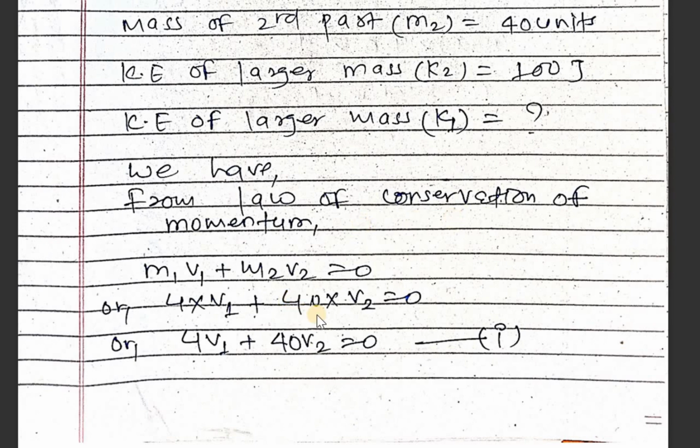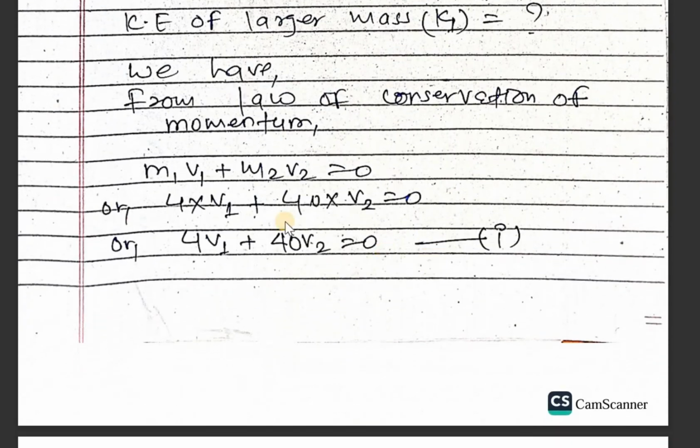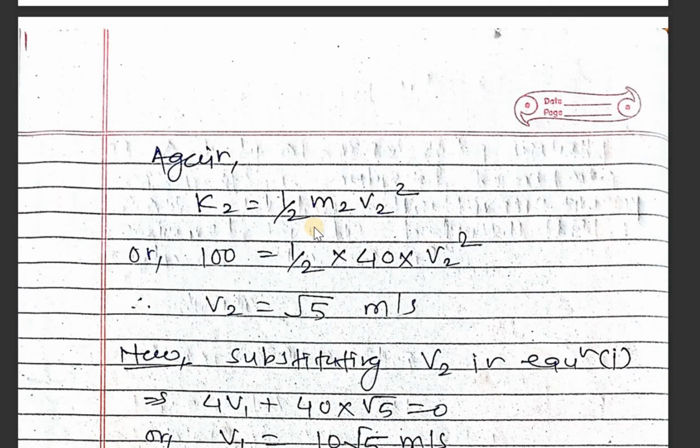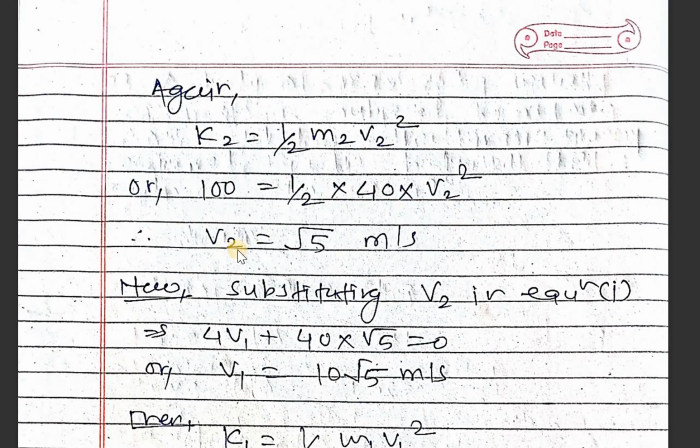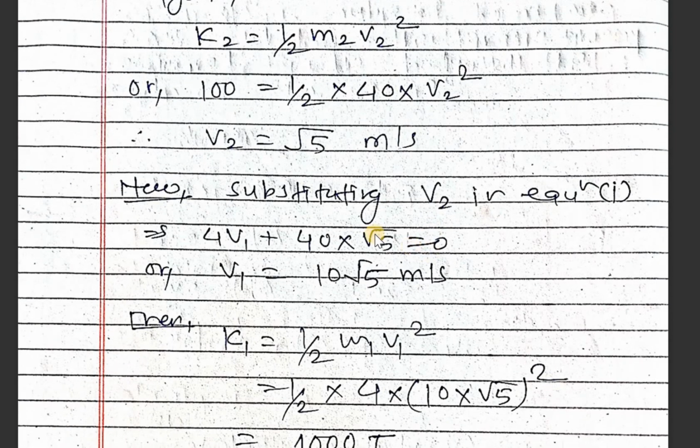So we know the law of conservation of momentum. m1 v1 plus m2 v2 equal to 0. So put the value, we can get 4 v1 plus 40 v2 equal to 0. This is equation 1. And kinetic energy equal to half m2 v2 squared. Put all these values, you can get v2 equal to 5 meter per second.